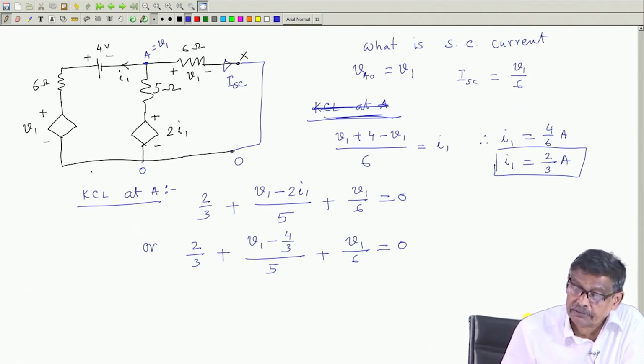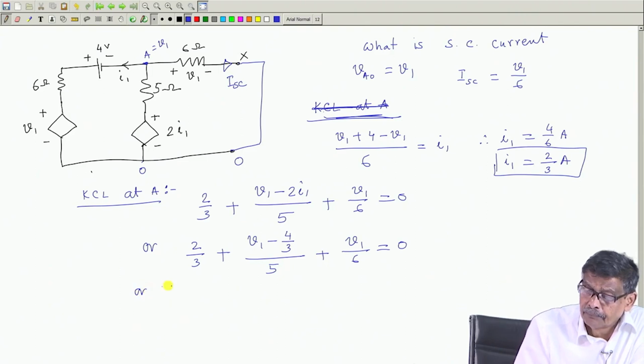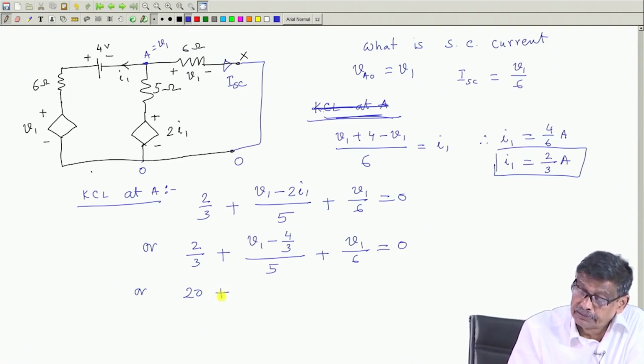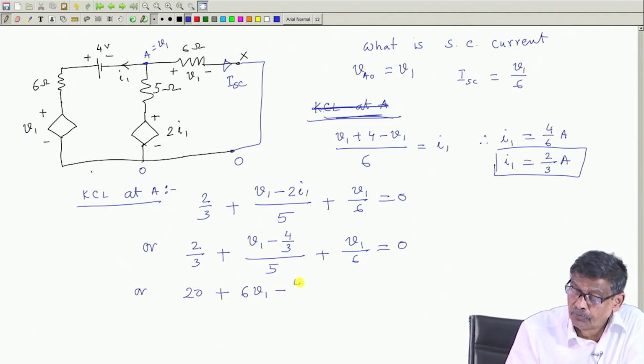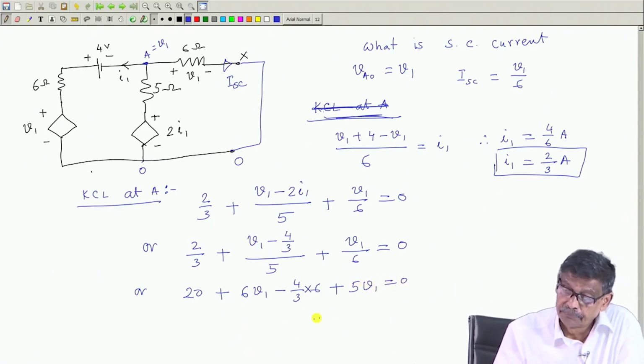So, we are almost at the end of the problem. What best you can do to solve this equation? Multiply with 30. So, if you multiply with 30, it will be 20, and plus this will be 6. So, 6 V1 minus 4 by 3 into 6, these two terms, and plus V1 plus 5, and that is equal to 0.